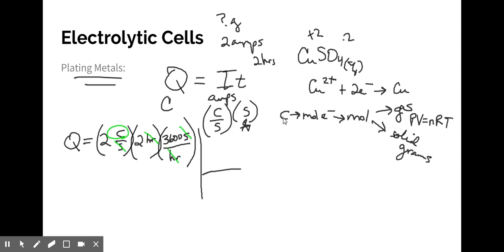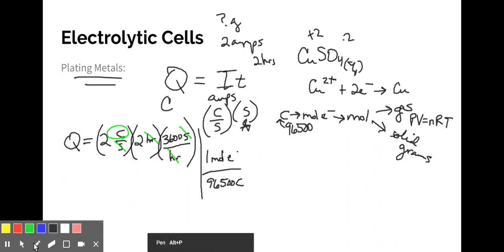In order to go from coulombs to moles of electrons, I have to use Faraday's constant, which is 96,500. This number is associated with coulombs. So there's 96,500 coulombs for every 1 mole of electrons.